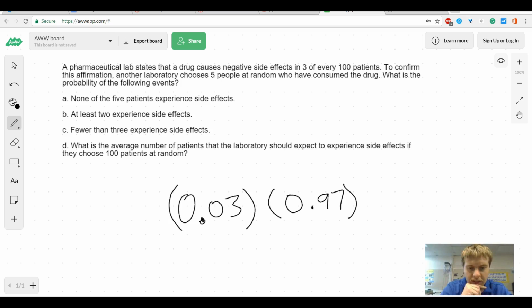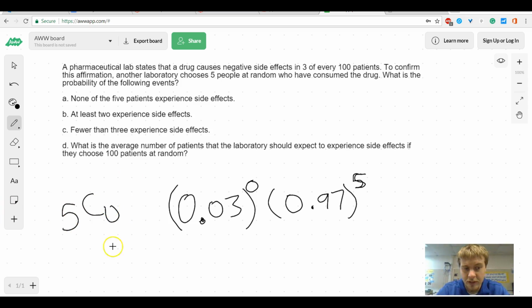Now when we're looking at this, we want no one to experience side effects, so we're going to say 0 people are going to get this, but 5 people are going to have no side effects. So this is the percent chance that 5 people would have none, and then we need to do our choose. So 5 choose 0.